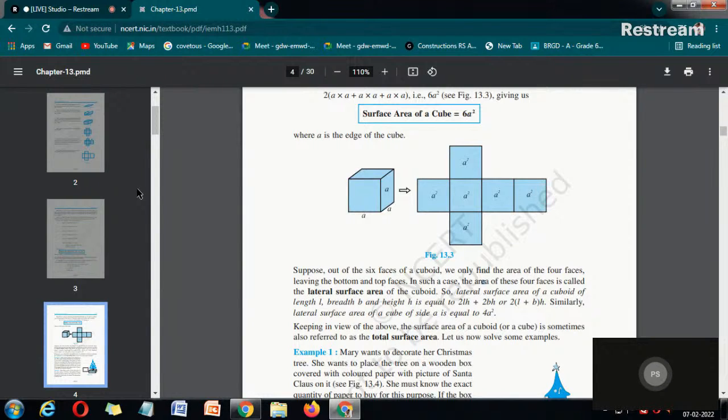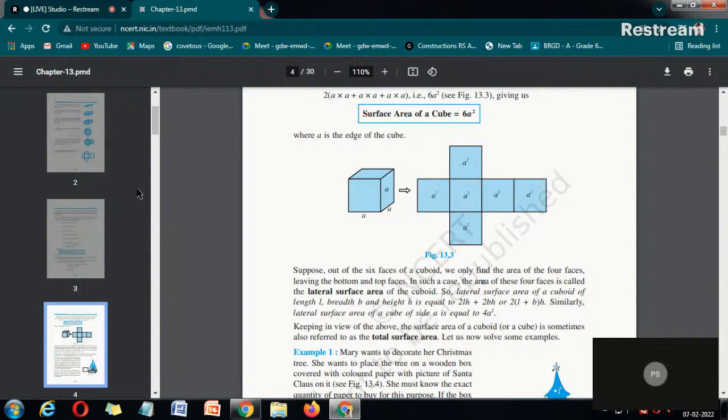For example, there is a cylinder and there is a cone in a toy. To find the total surface area of the toy, we should add curved surface area of the cylinder plus curved surface area of the cone, so that we get the total surface area. That is easy. That is what is said here. So you have to remember the formulas.